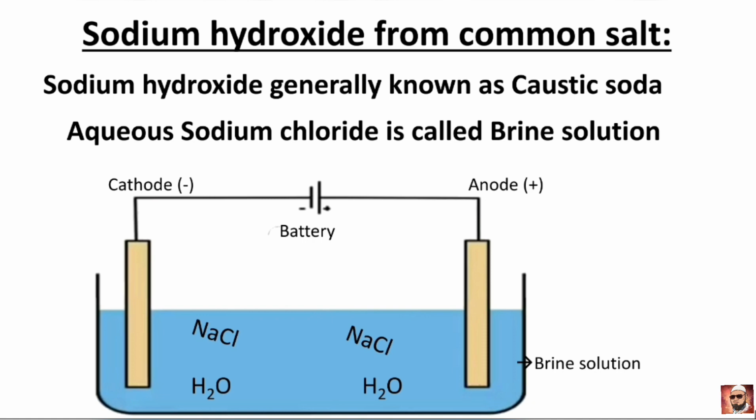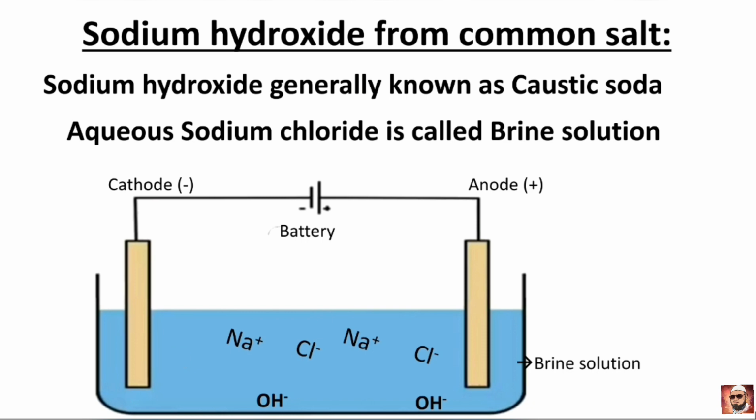When electricity is passed, sodium chloride dissociates into ions Na+ and Cl-. In the same way, water splits into ions H+ and OH-. Now you see the H+ ions move towards the cathode, the negative electrode, opposite charges, and it gives off hydrogen gas at the cathode.